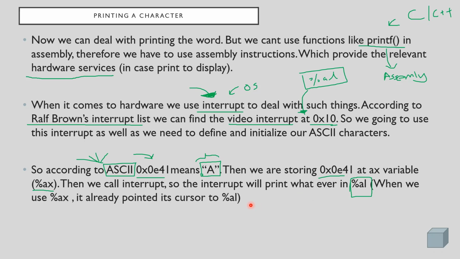So even if we store A in the AX register, when we call the interrupt, it will print A. It is kind of complex, but I'm not going to focus on registers further because it is another topic.